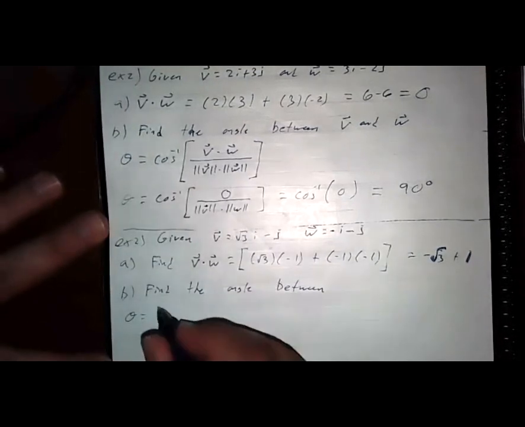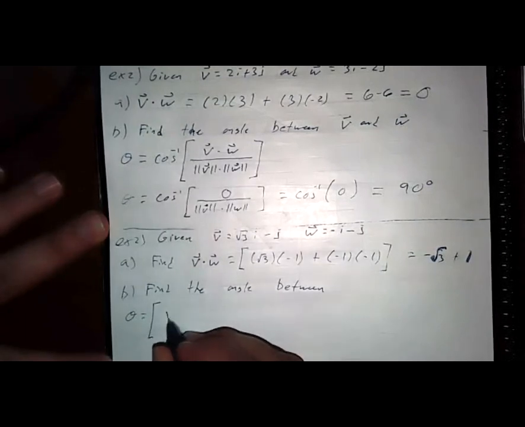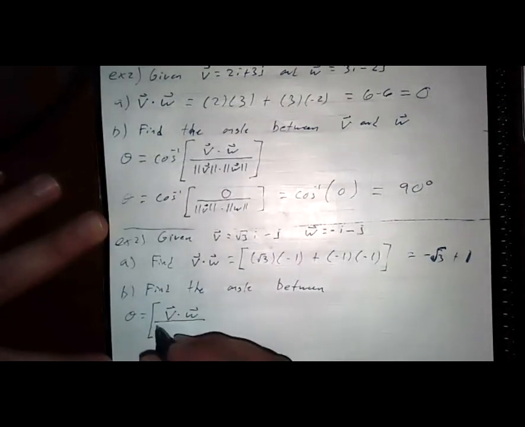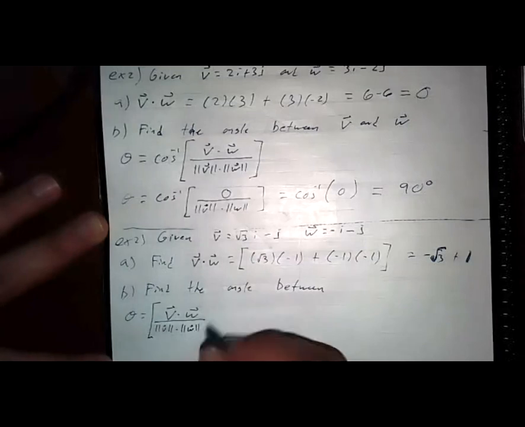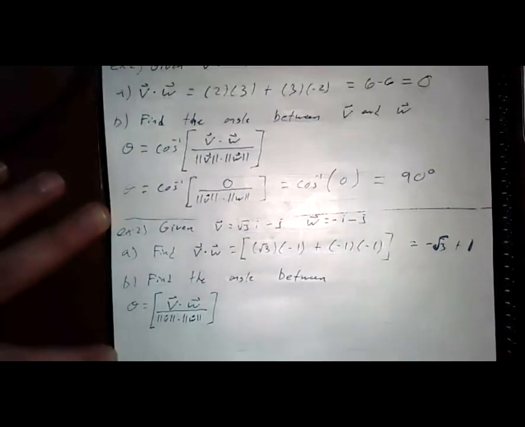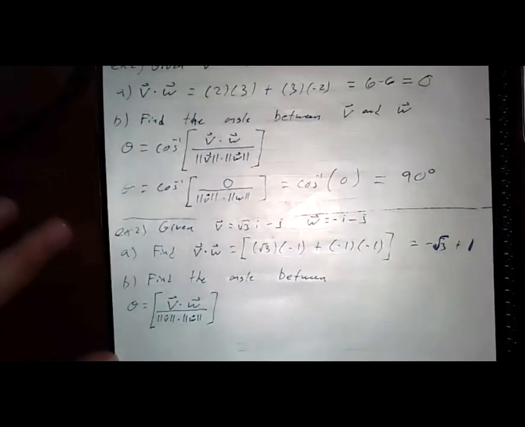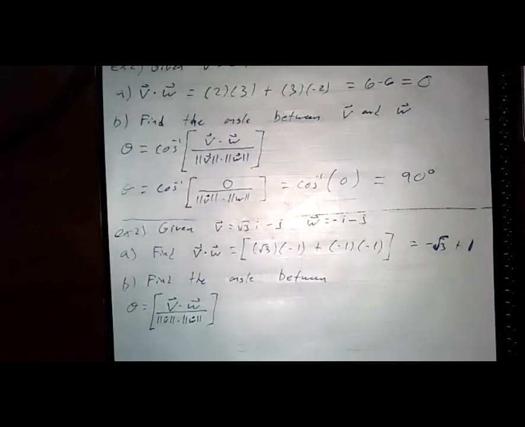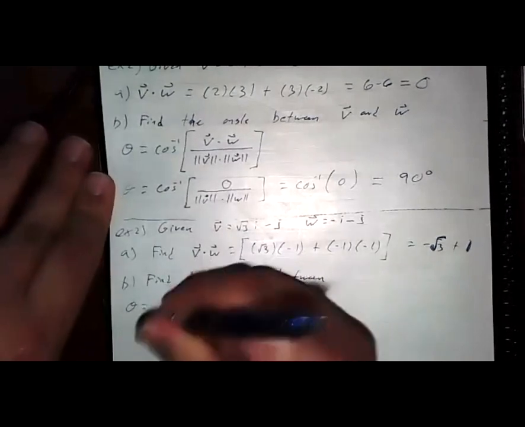All right, so the formula we said is this: the dot product over the magnitude. We already have the dot product, so that's great. Oh shoot, forgot to write cosine inverse in front.